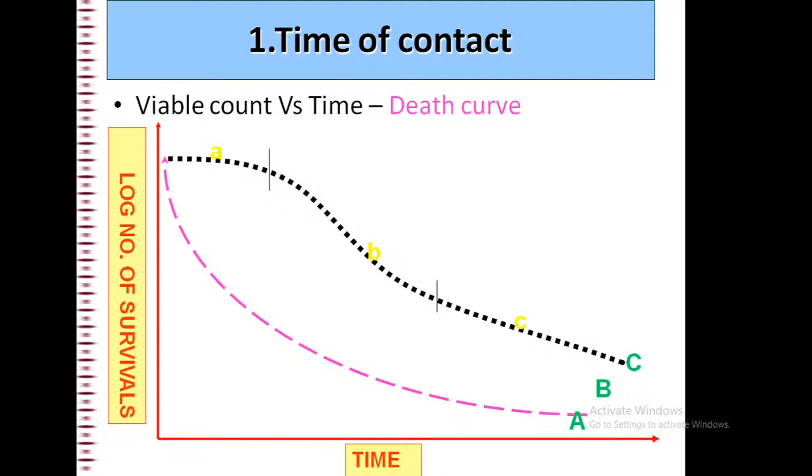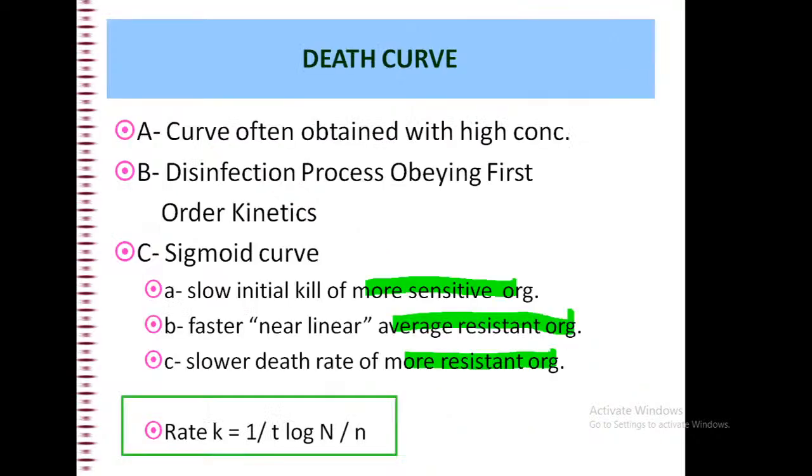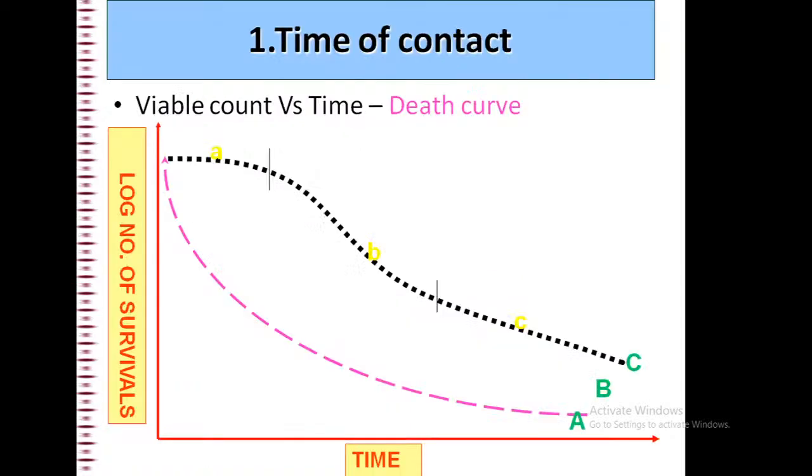See line A: it is the curve obtained with a high concentration. Line B: the disinfection process obeying first order kinetics, and C indicates the sigmoid curve.